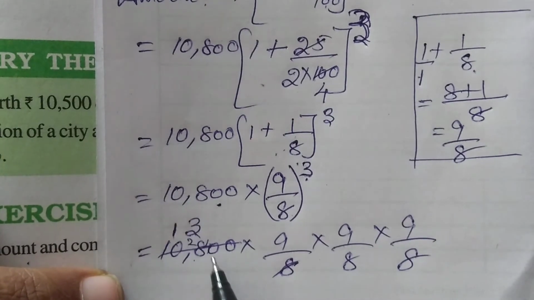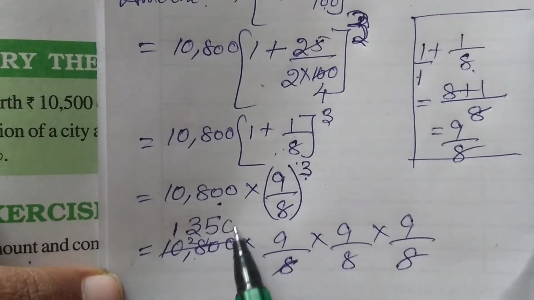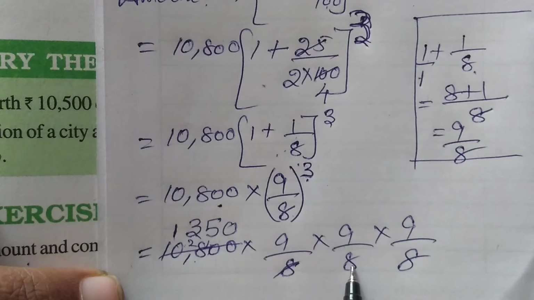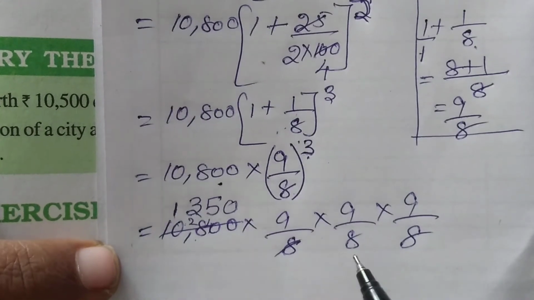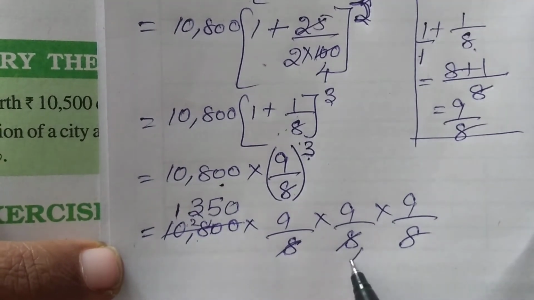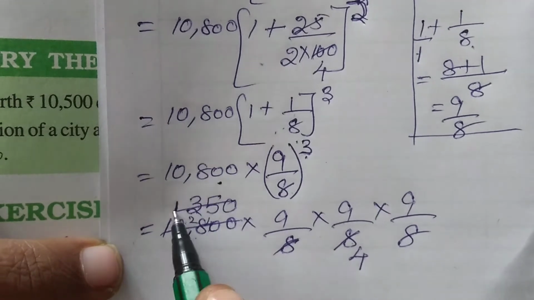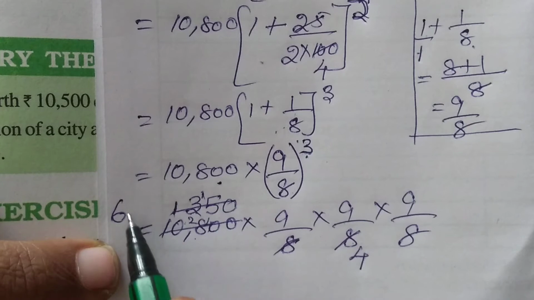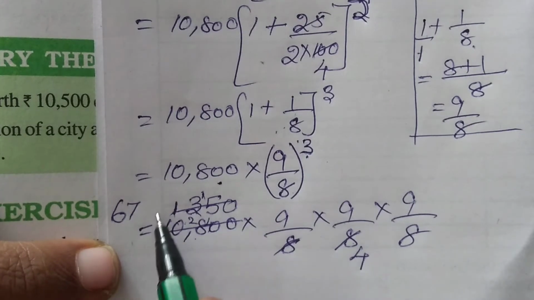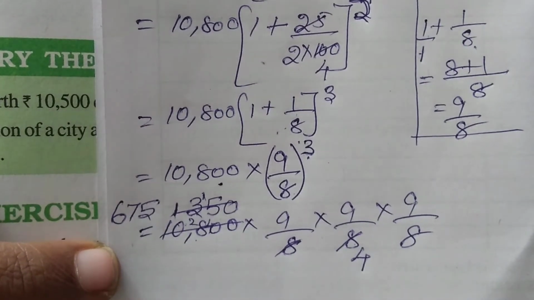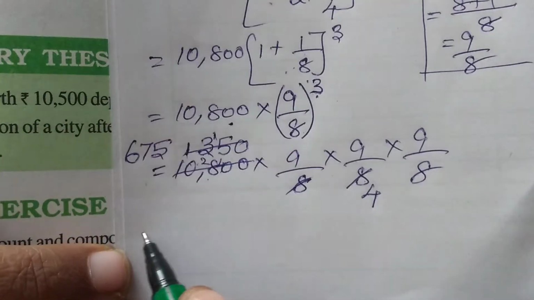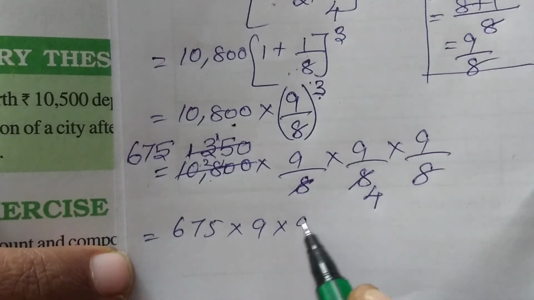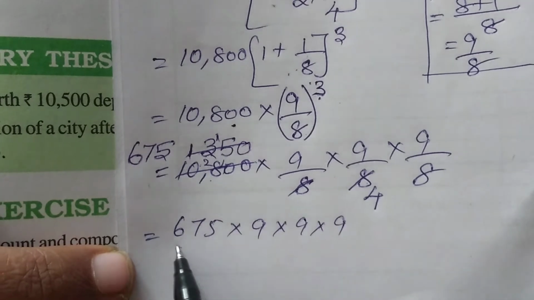Now 1350 and 8, no. We can simplify in the 2 table. 2 will go 4 times. 2 6s are 12, remainder 1, 15. 2 7s are 14. 675. So we now have 675 multiplied by 9 into 9 divided by 4 into 8. So this we have to multiply.